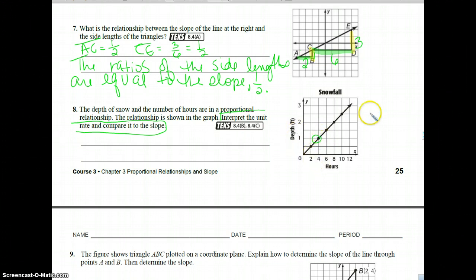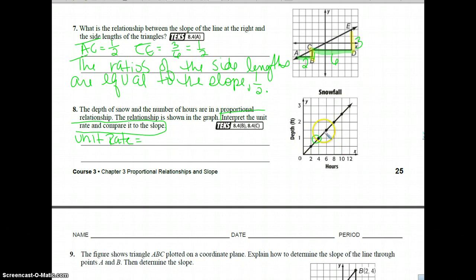So if we were finding the unit rate, we could put the change in y over the change in x. If we were finding the slope, we could put the change in y over the change in x. The constant rate, change in y over the change in x, right? So what is that? So our unit rate is what? Change in y over the change in x.